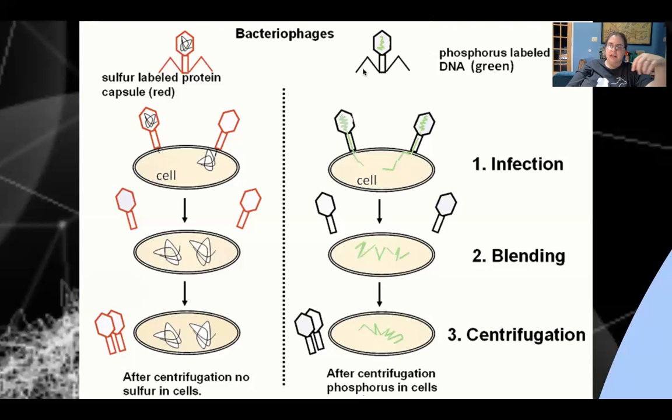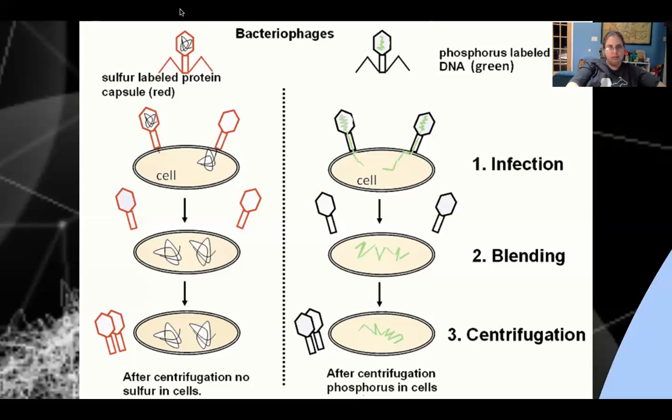So they planned on taking the bacteriophages, mixing them with a whole bunch of bacteria cells, and then tracking where the radioactive tags were. Did the tags move inside the bacteria cells, or did they stay outside?